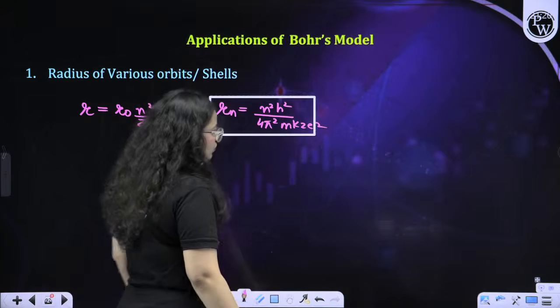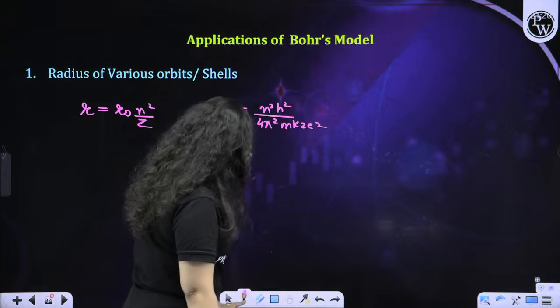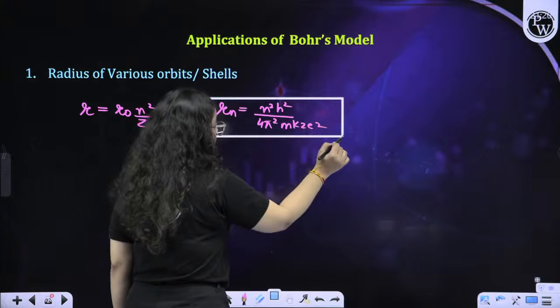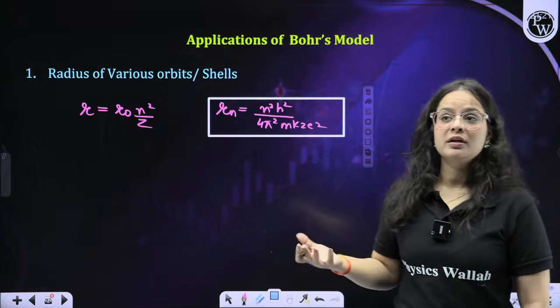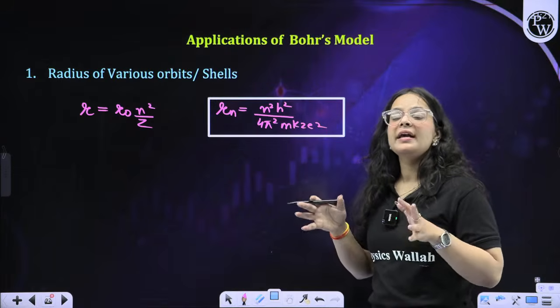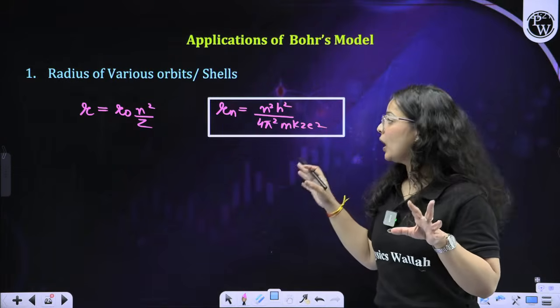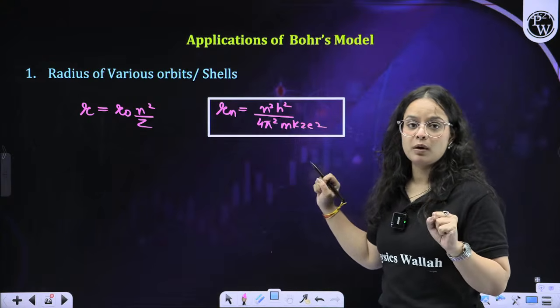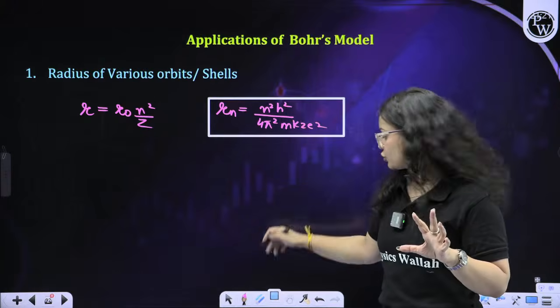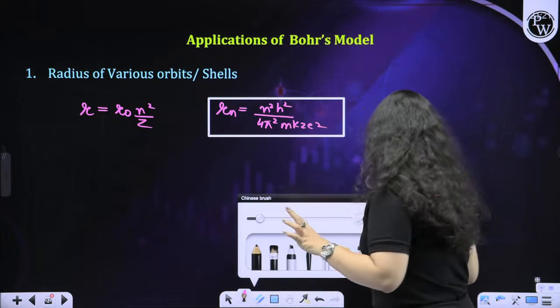We already have covered how we get the radius relation, the velocity relation, the energy relation, the kinetic energy, the potential energy, and different types of energy. We already covered in the class how we get the energy, the radius, the velocity, different formulas. But in this particular portion, I'm just directly writing the formulas.